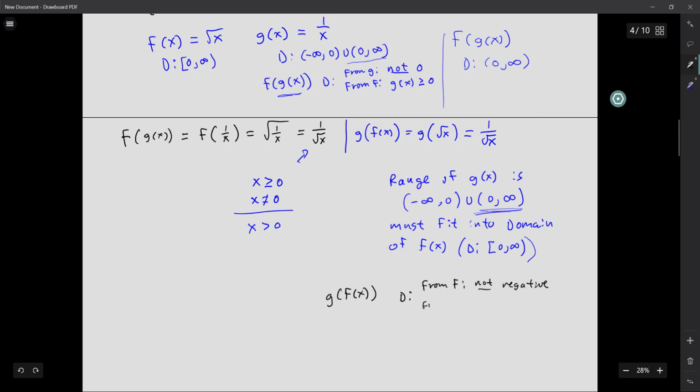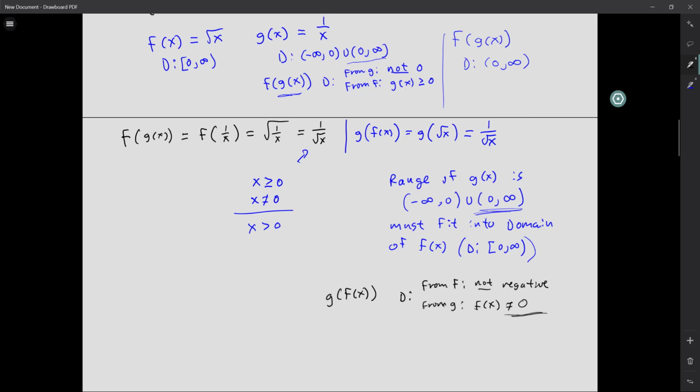And then from g, we need f of x to not be equal to 0. Looking at it this way, I'm going to try to make sure that our problems are like this. Looking at it this way is, if we have just a few restrictions, we can solve for them.